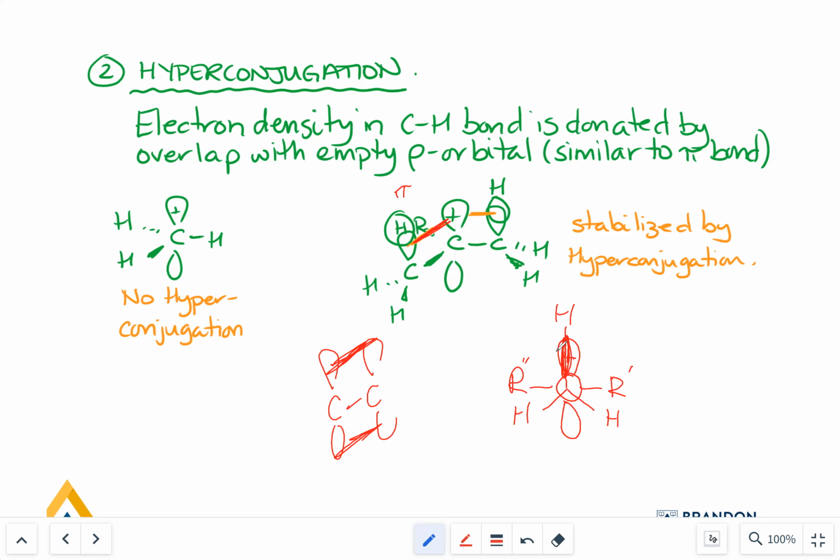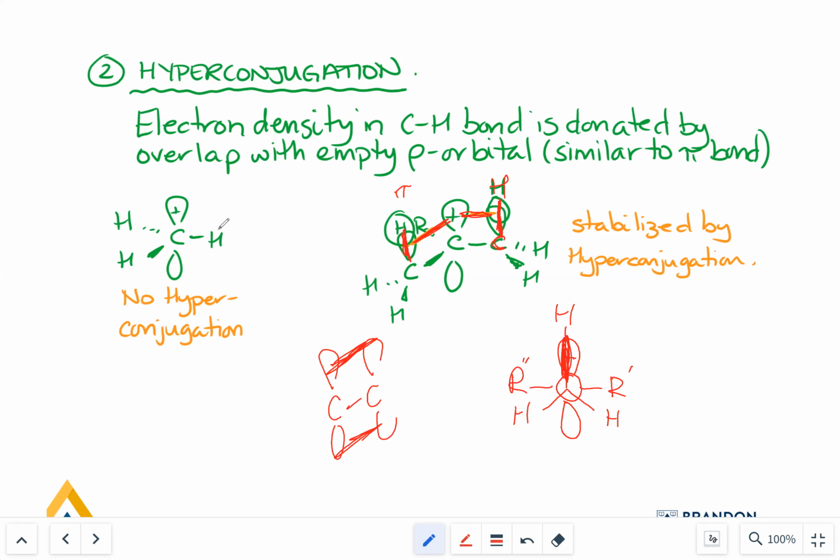So the more alkyl groups you've got, the more opportunities you have to hyperconjugate to stabilize that positive charge. And it doesn't have to be a proton here. This could also be another R group. It's just electron density in a bond which will be parallel to that empty p orbital.